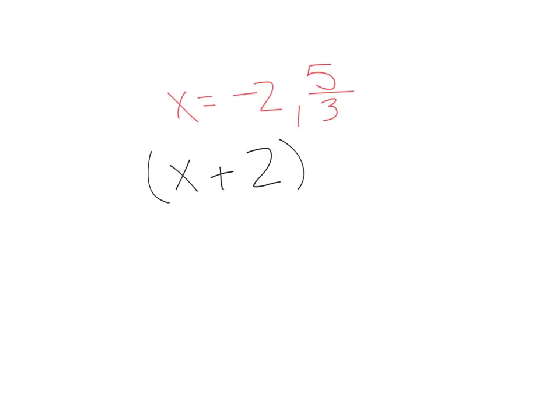So if my solutions are -2 and 5/3, well, if I know my solution is -2, then that tells me a factor is x plus 2. Does that make sense?